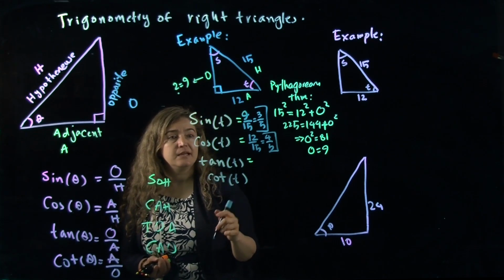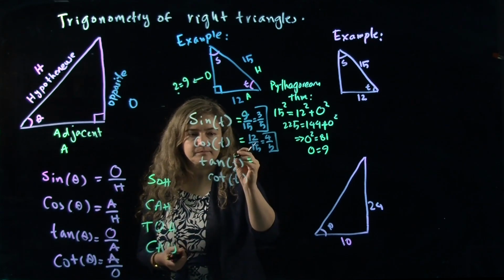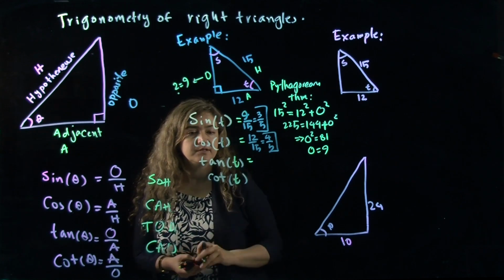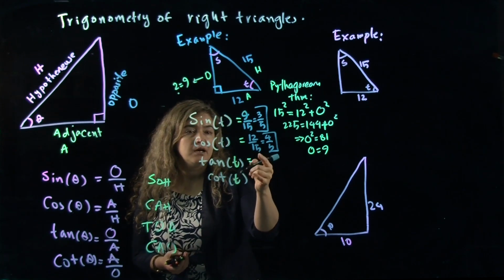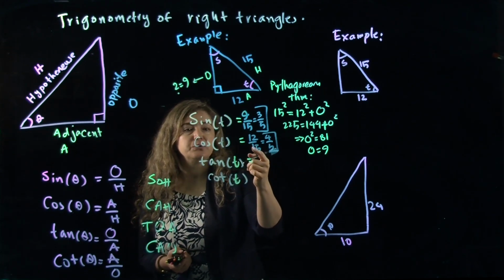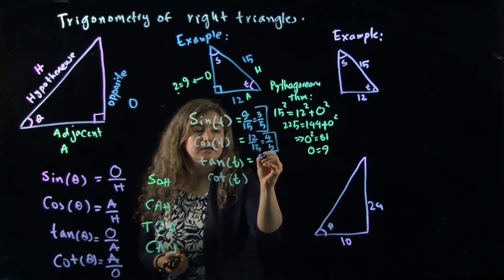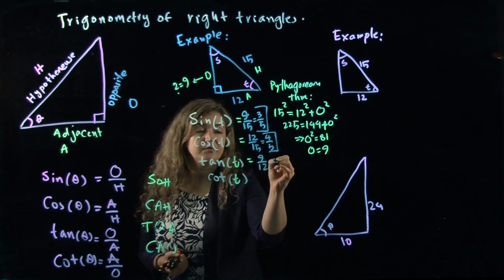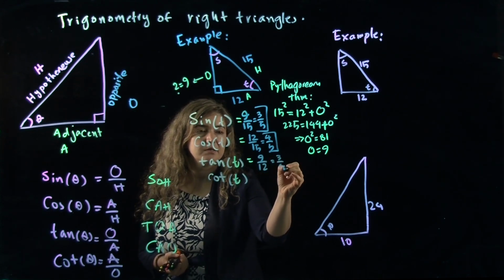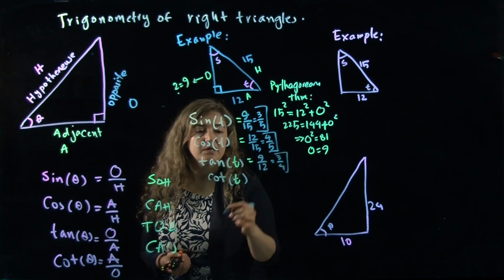Tangent of t and cotangent of t. Tangent of t is equal to opposite over adjacent. That is 9 over 12, which is 3/4.